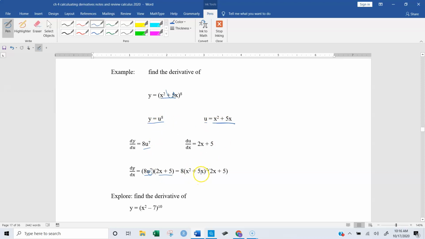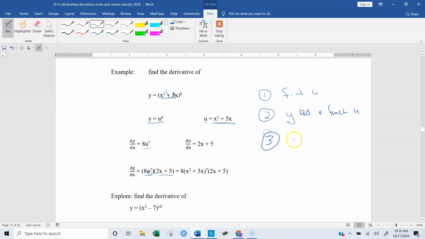Got it? So step 1 is find u. Step 2, you write y as a function of u.